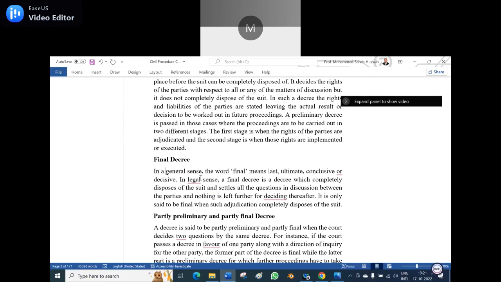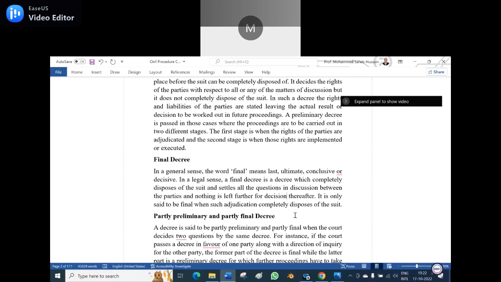In a legal sense, a final decree is a decree which completely disposes of the suit and settles all the questions in discussion between the parties, and nothing is left for deciding thereafter. So whether rights are available or not is clearly proved in that dispute of the suit. At that instance, we can say it is a final decree.